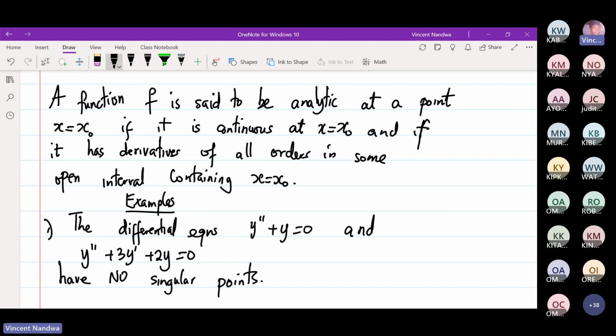That means for any given value of x, these differential equations will be defined. If you get p of x and q of x in both, you see that both of them are analytic for any value of x you pick.